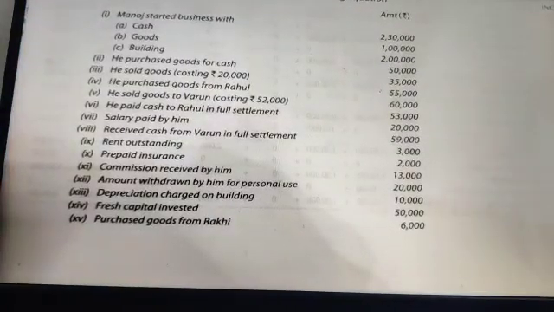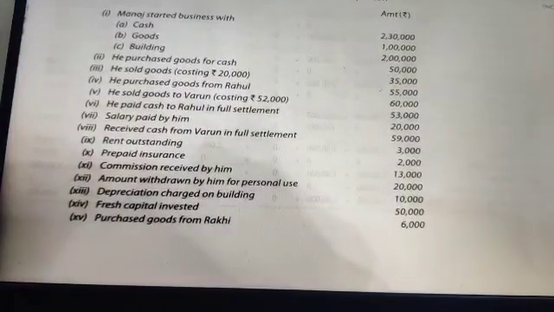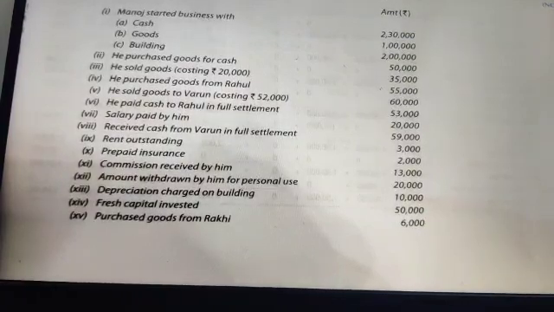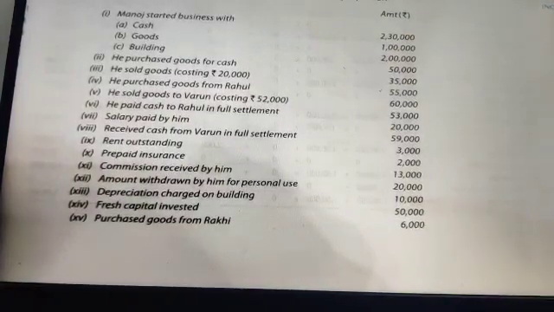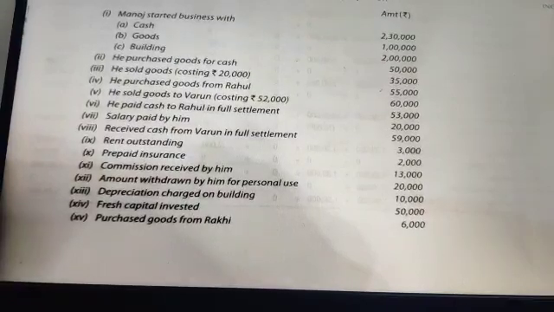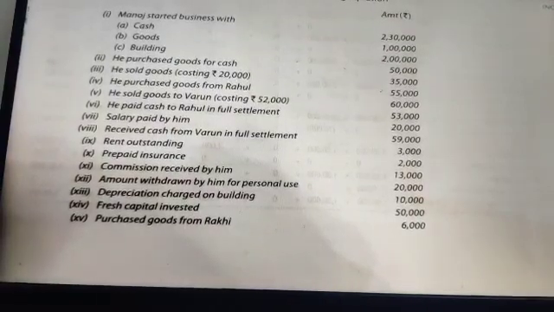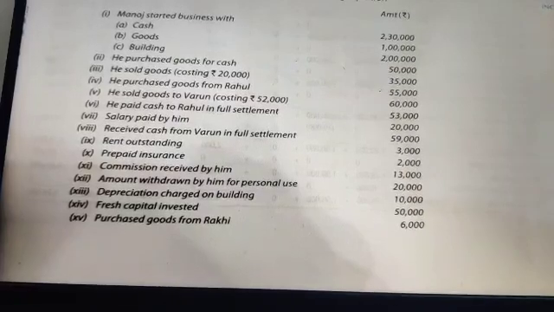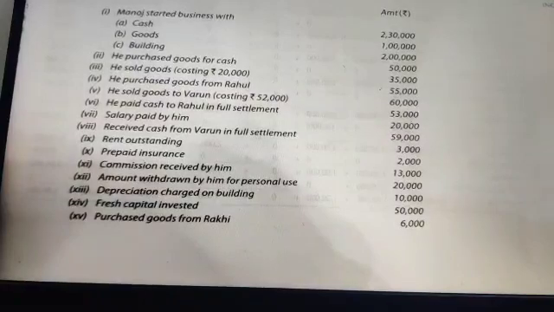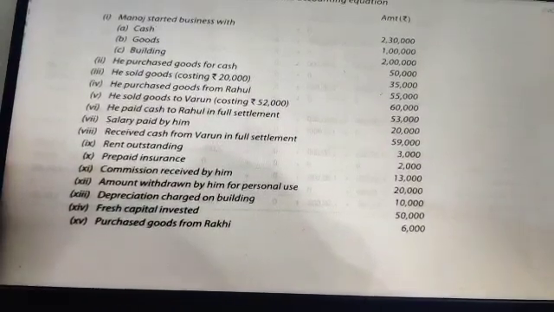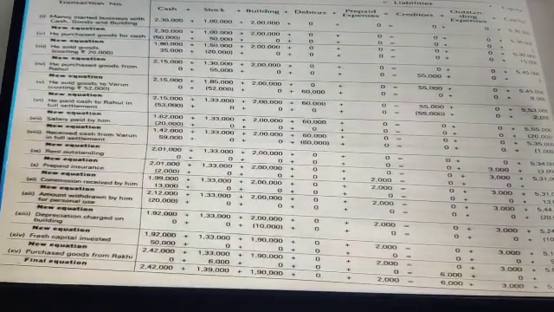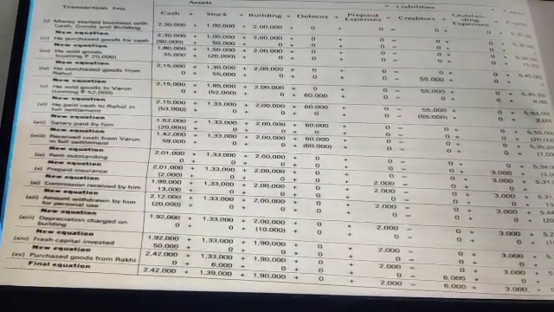Next, transaction number 8. It says you are receiving the cash from Varun in full settlement. Whenever the words full settlement are used, you have to presume that after this, any amount which is due from Varun will be nullified. So, since we were expecting 60,000 but we are receiving 59,000, we have to see where we are going to adjust this 1,000. See over here, received cash from Varun in full settlement.